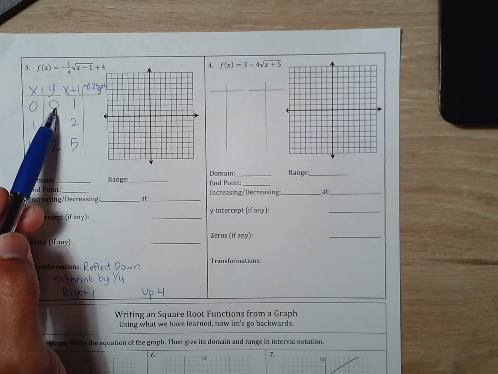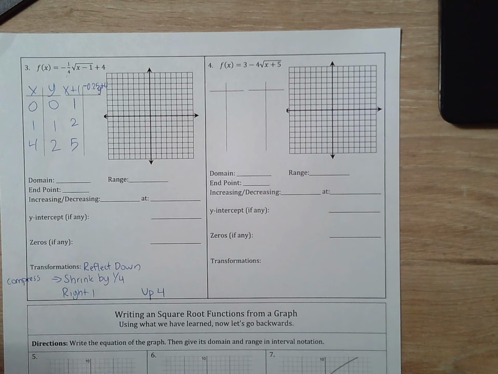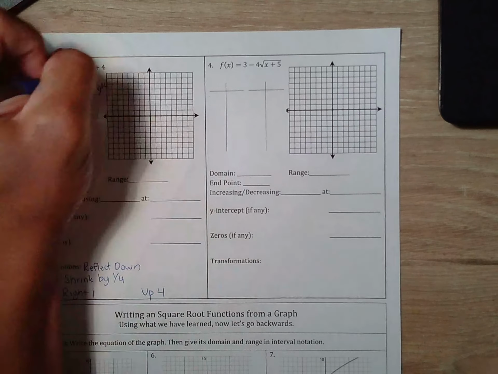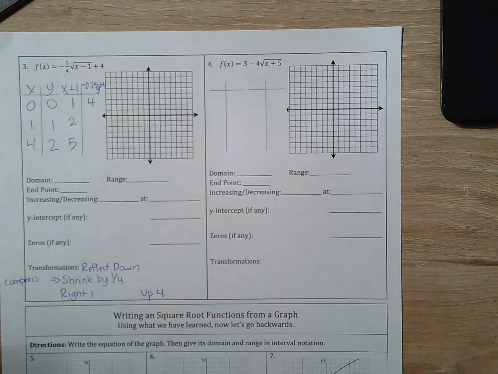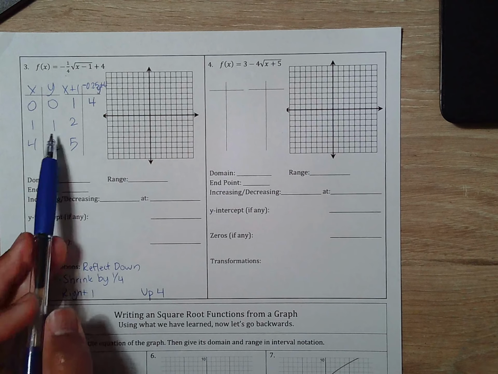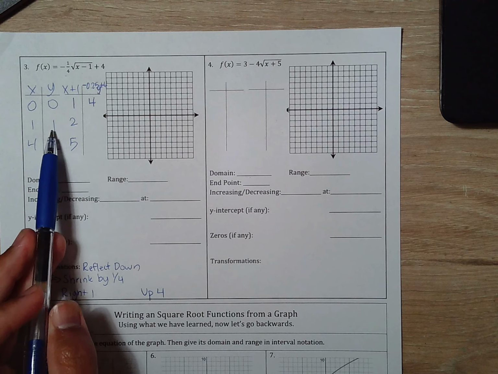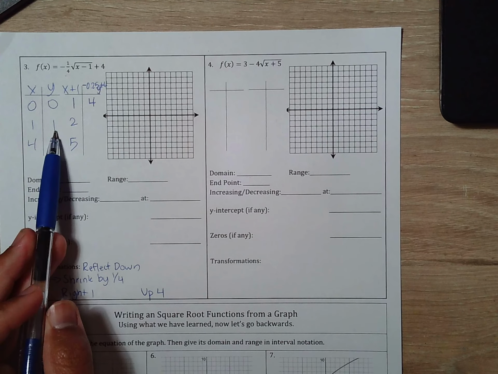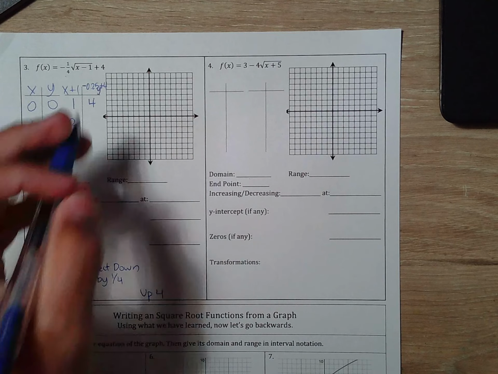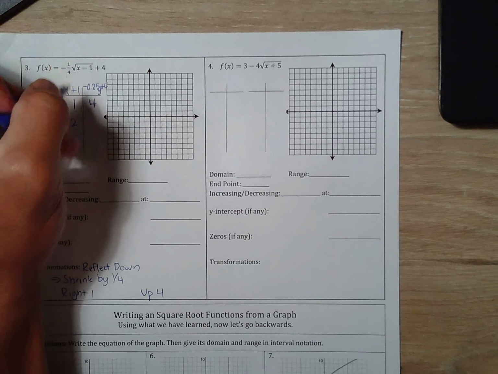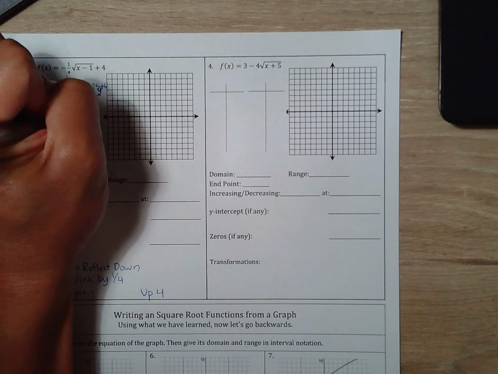So 0 multiplied by negative 0.25 is just 0, and then add 4 gives me 4. Let's see, 1 multiplied by negative 0.25 is just going to be negative 0.25. And then negative 0.25 plus 4, that gives me 3.75.